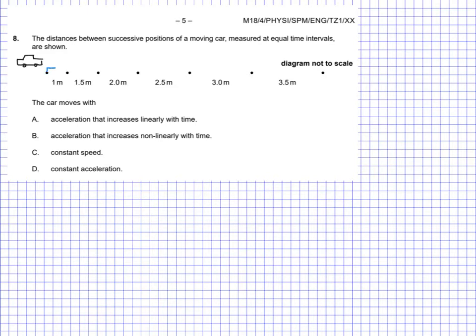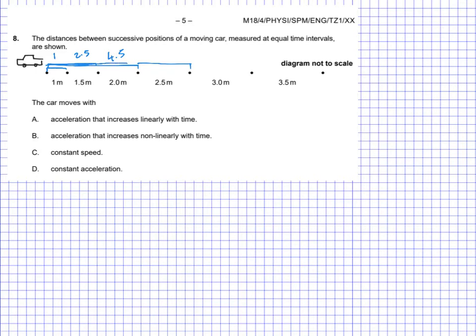So I would measure this distance here, which would be 1. Then I would measure this distance here, which would be 2.5. Actually, let's write these in. So this is going to be 1, then 2.5. Then let's keep going to here. This is going to be 4.5. And then we'll keep going to here.